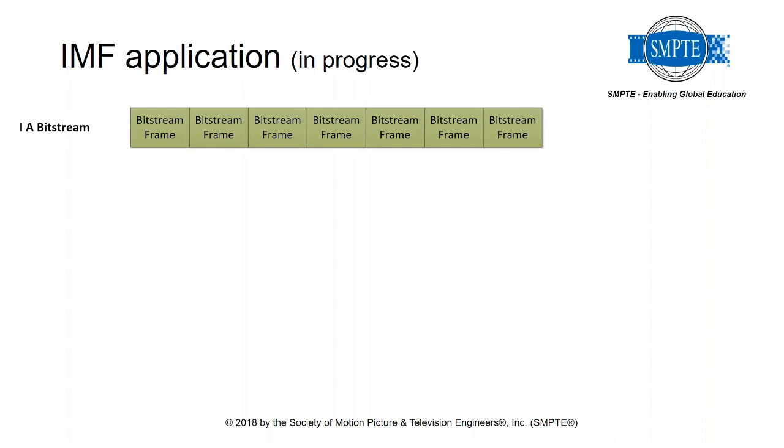Again, we start with the Bitstream frames as defined by 2098-2. And I should mention that at the start of the IMF application process, it was noted that the Bitstream did not support some important frame rates that were needed by the proponents.